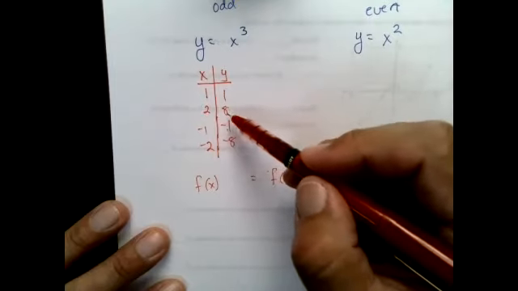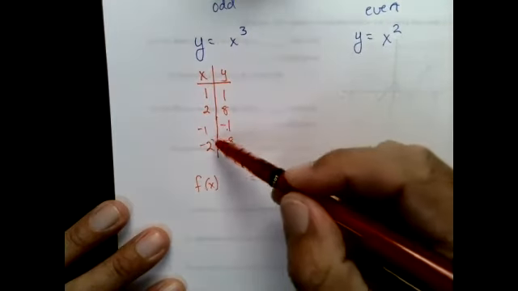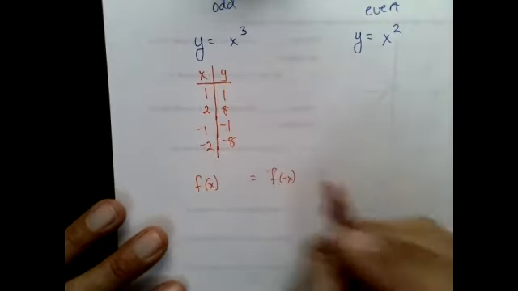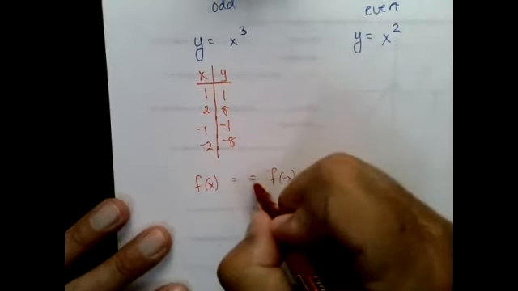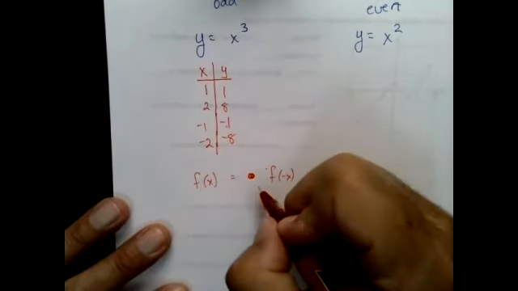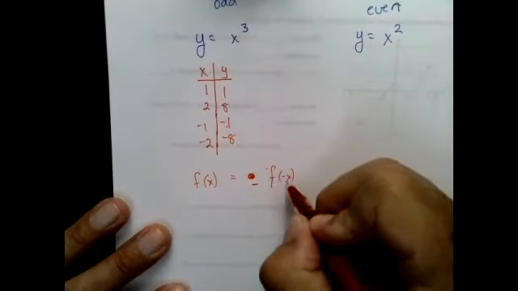If I plug in 2, I get +8. If I plug in the negative version of that, I get the opposite. So this is where somewhere along in your math world, you saw something that looked like f of -x equals the opposite of f of x.